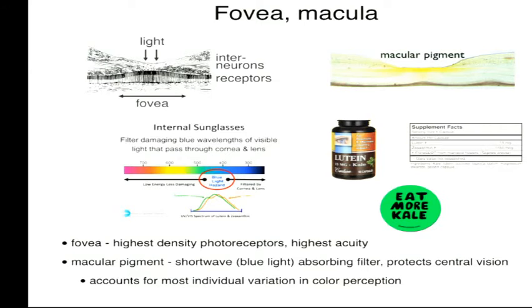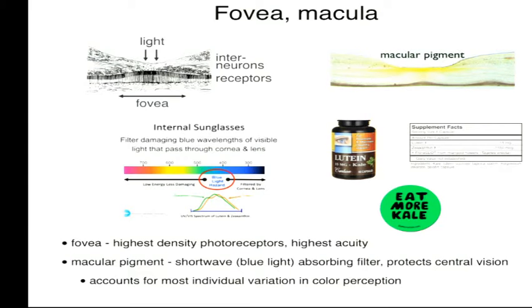There's an issue called phototoxicity, which is the study of the idea that light is damaging to various structures, right? I mean, you look at your skin, you get freckles, and the same thing is happening to your eyes. And so over the eons, the eye has developed a protective system, the macula, right?